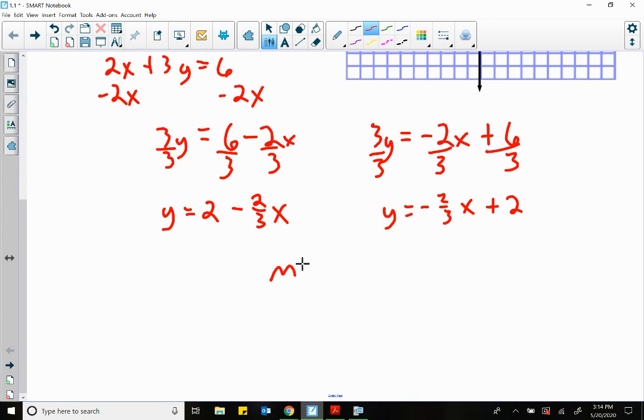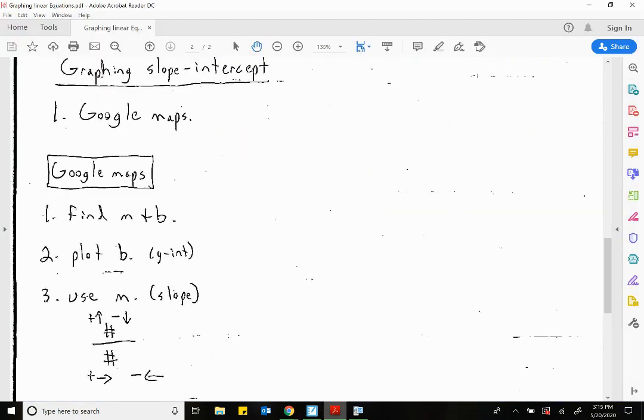So we now know that m is negative 2/3. Okay? Now I'm going to put that negative right in front because I want to talk about that negative here in a second. And we now know that b is 2. Okay? All right. So the first thing you're going to do is plot b. Remember, that's the y-intercept.